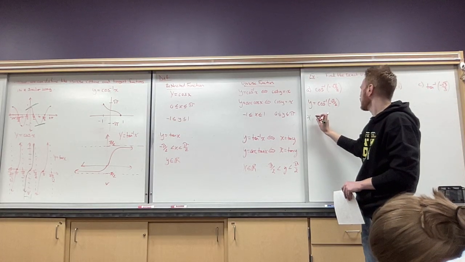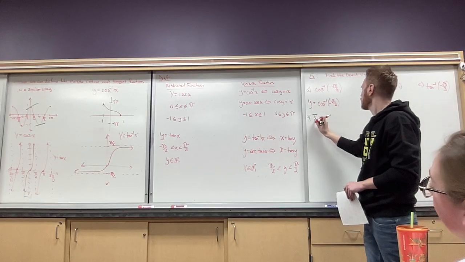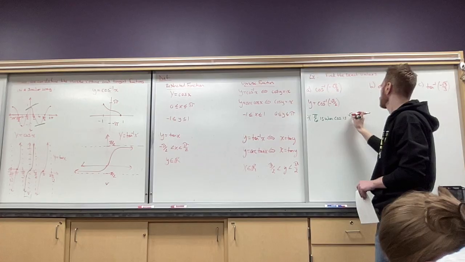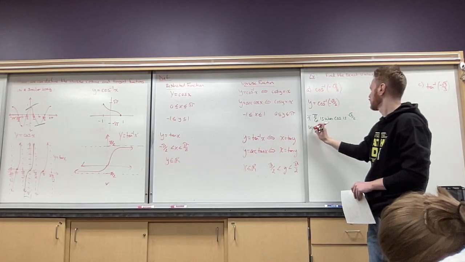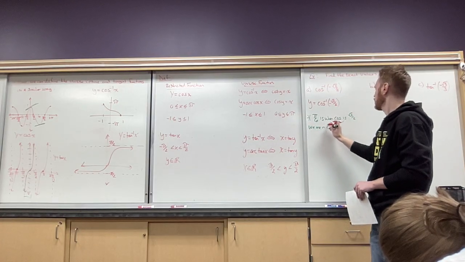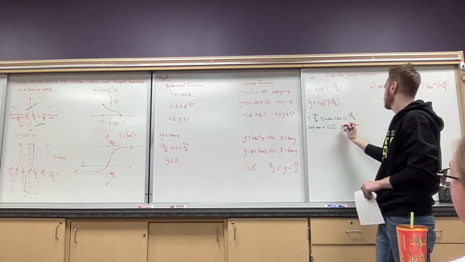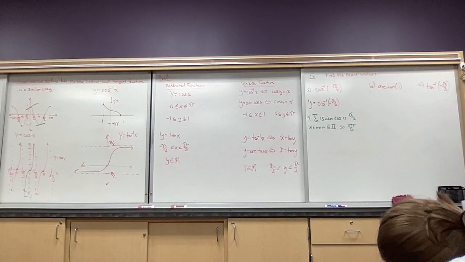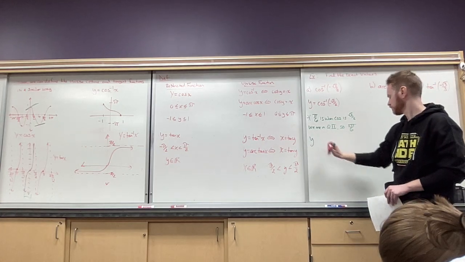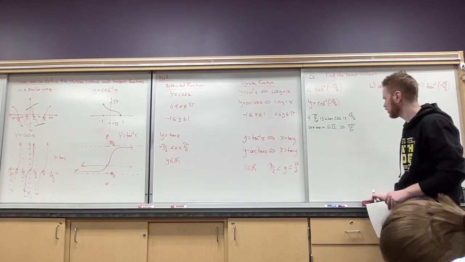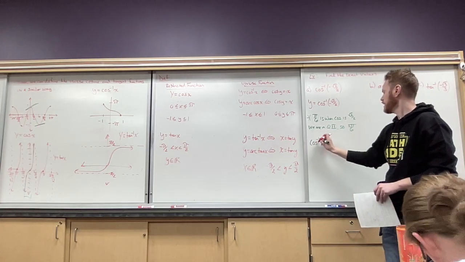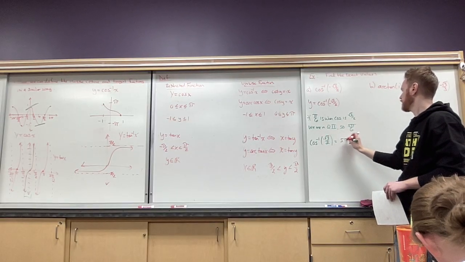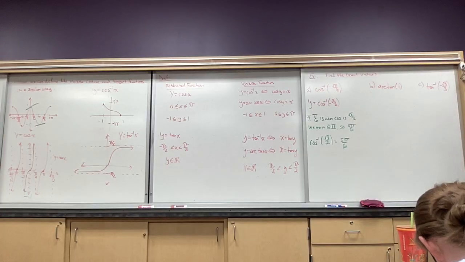So: pi over 6 is when cosine is square root of 3 over 2. We are in quadrant 2, so it'll be 5 pi over 6. So the inverse of cosine of negative square root of 3 over 2 will be 5 pi over 6. That'll be its output.